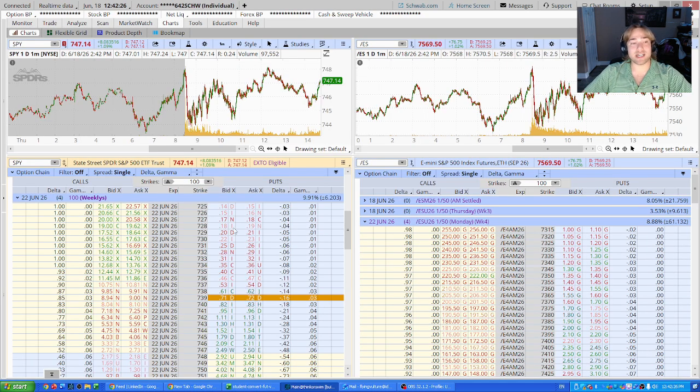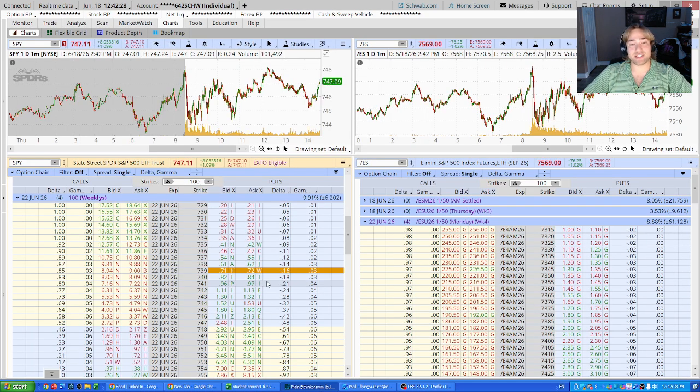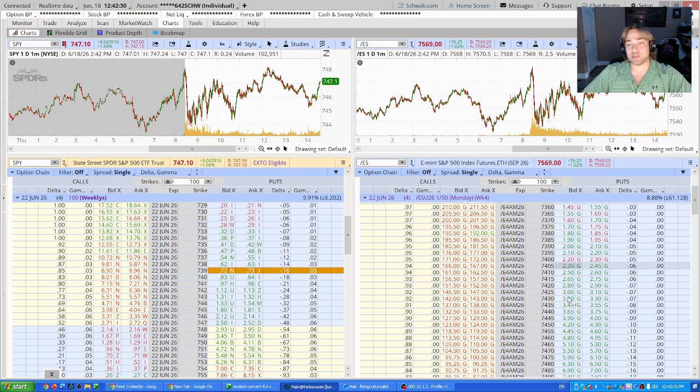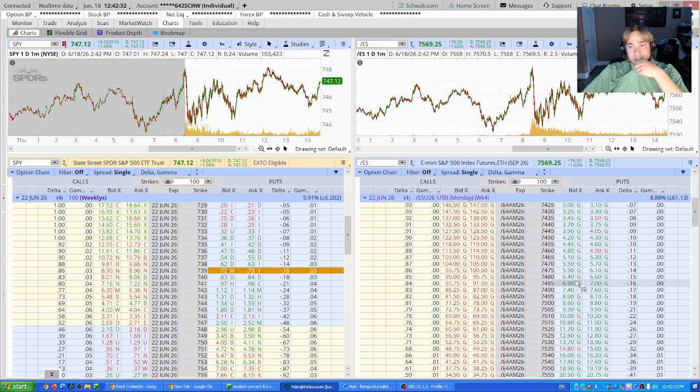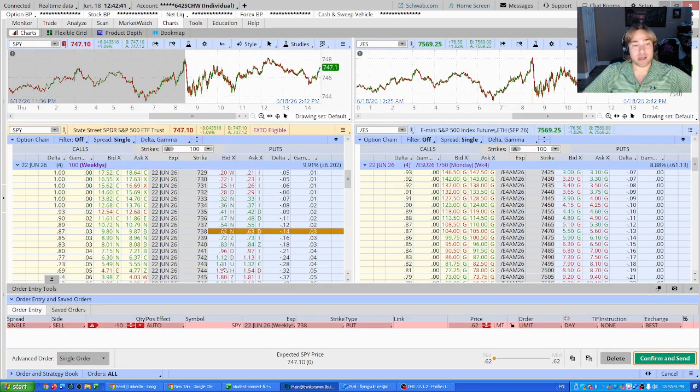So if we go here, we're looking at that 22nd of July strike. Let's find equal deltas. Let's look at 14 delta. What we could be doing here is selling 5 of this contract and buying 1 of the 14 delta on the ES.